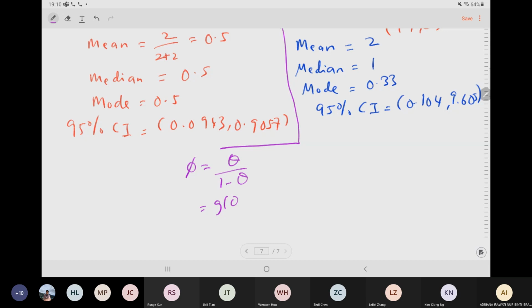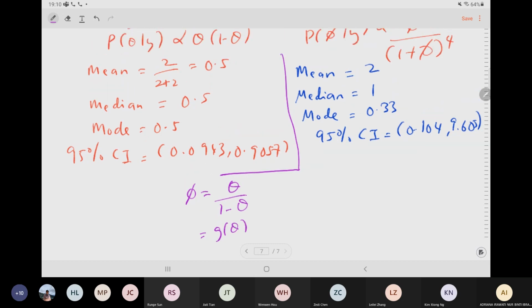When you say invariant, what does it mean? I'll take the median. The median of theta is 0.5.